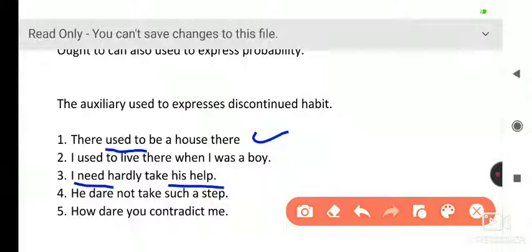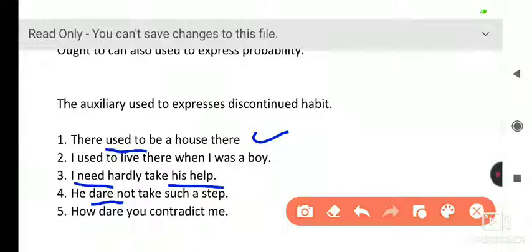In the fourth sentence, he dare not take such a step. Dare not expresses that he is not going to take such a step.